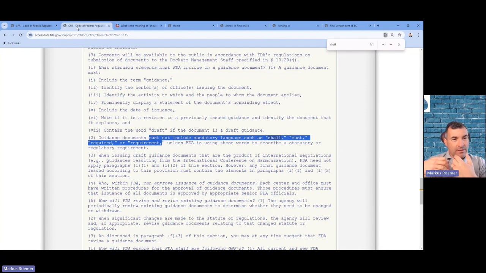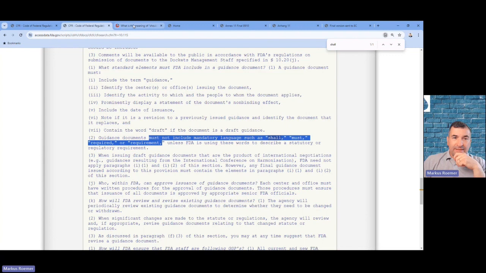So shall in the US interpretation is mandatory language, a mandatory requirement. In short, I see should as a must if I read a regulation. There's a simple thing that you might remember: should is a must if you can do it.